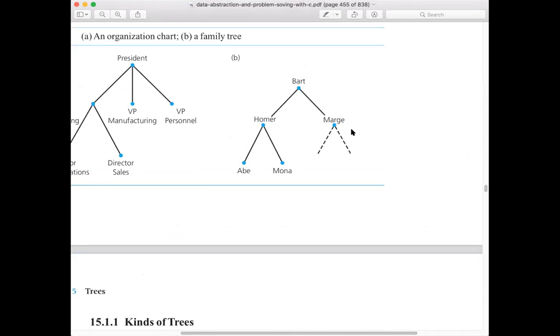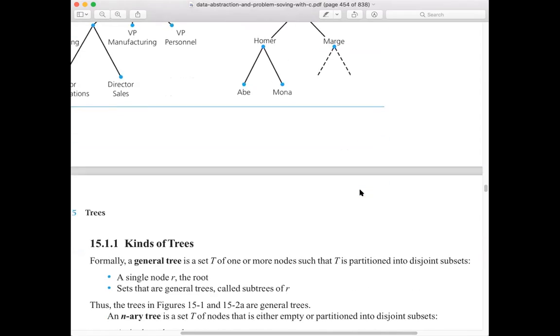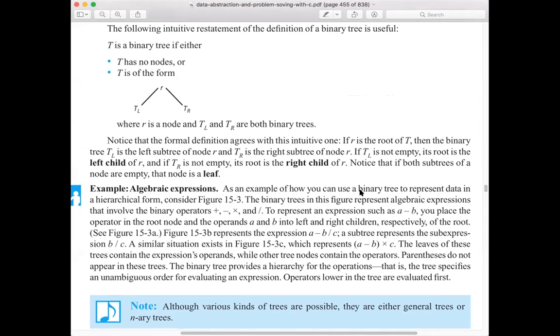Looking here, the left subtree of the node Bart is this tree here that has the root Homer. And the right subtree of this node Bart is this tree that has the root Marge. So left subtree and right subtree.